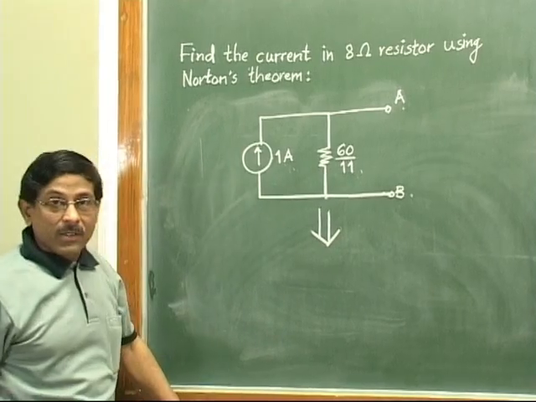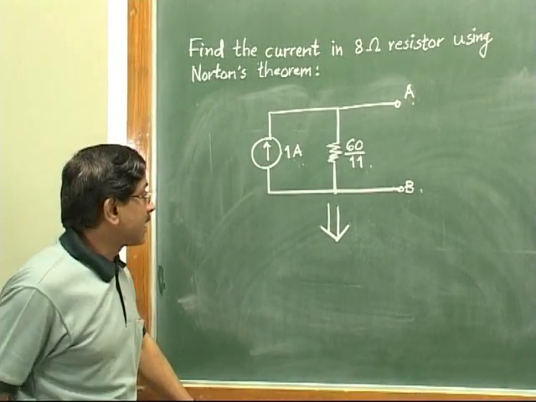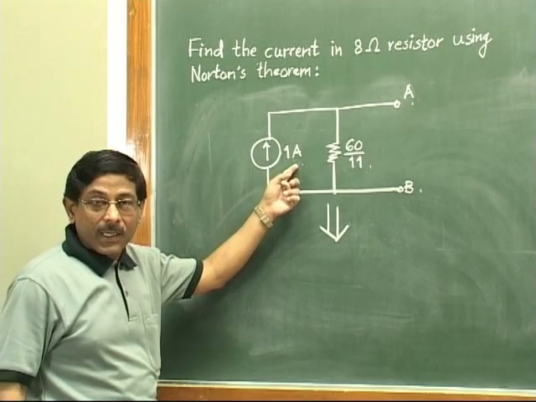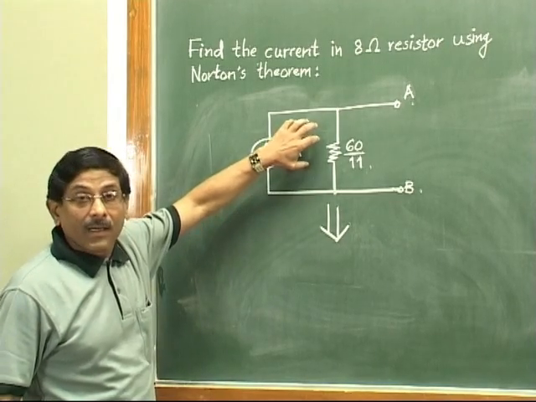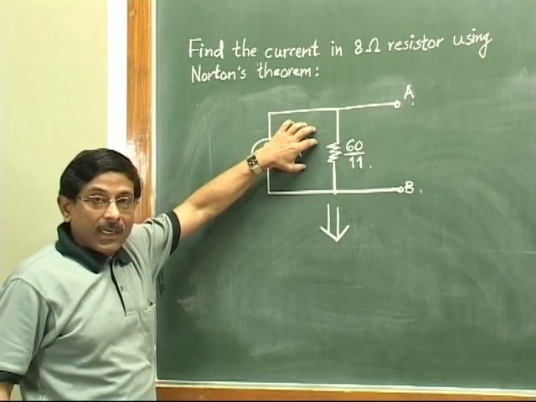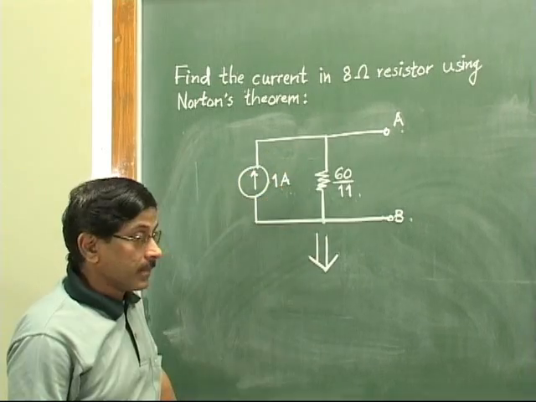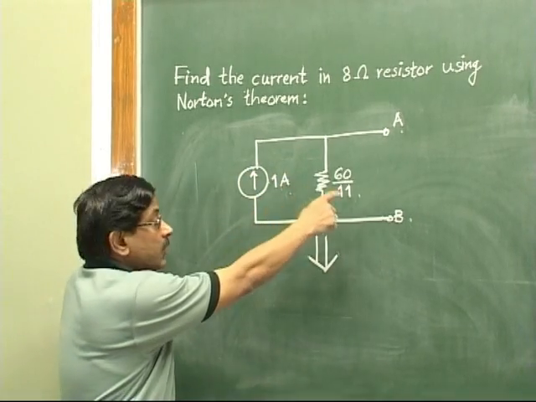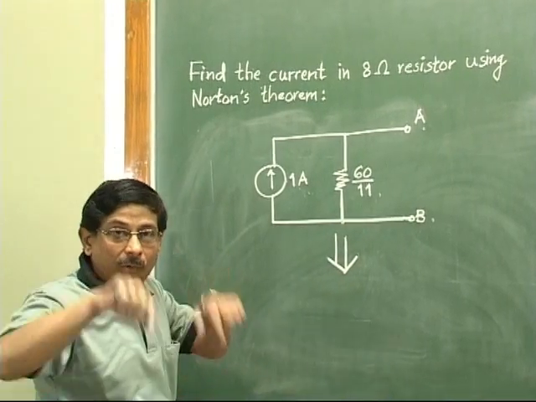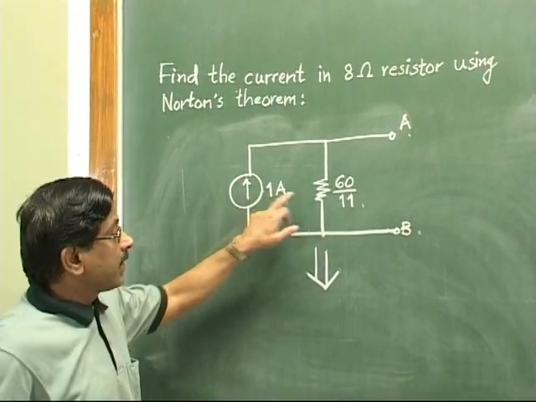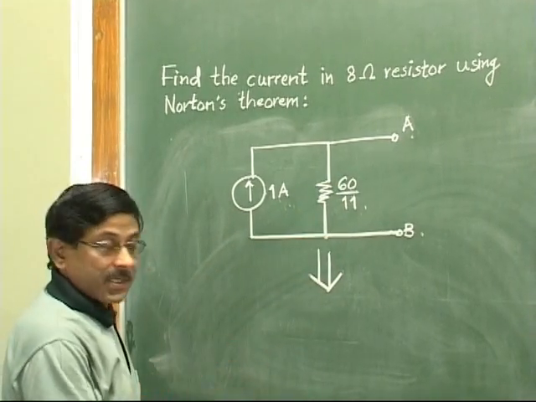Then what would be the things? We have earlier learned as basics that if such a circuit is given and this is a practical current source, then converting it into an equivalent practical voltage source is a simple job. Current into this resistor must be equal to the value of the equivalent voltage source. So 1 into 60 by 11 is 60 by 11.